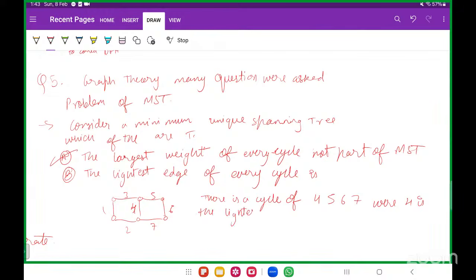Why? Because 4 is the highest weight in some other cycle. So 4 will definitely not be part of an MST. So the second option is incorrect.